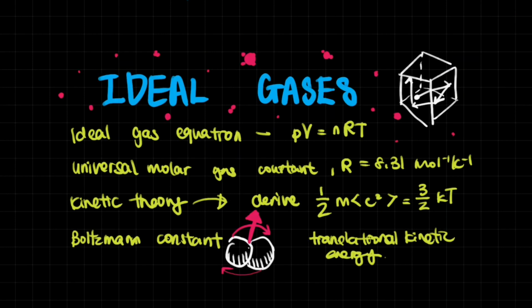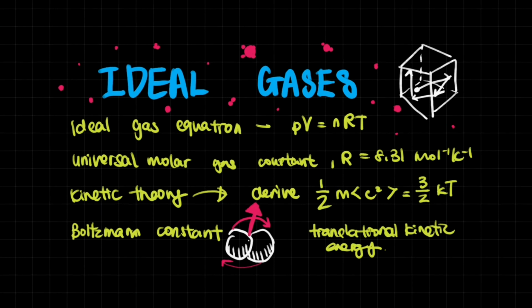So that is about it for our video on ideal gases. It was a very lengthy video with many different topics to touch on, but essentially as a summary, we have talked about the ideal gas equation on the general macroscopic scale. We've talked about what the universal molar gas constant is. It's an empirical constant. It was derived through experiments.